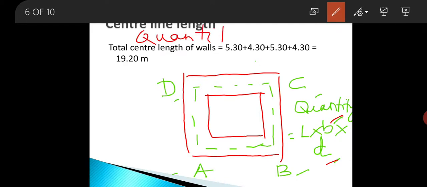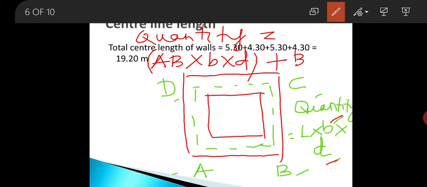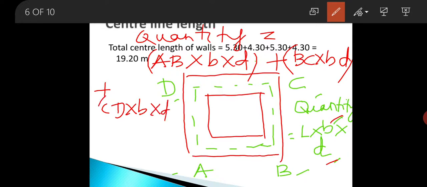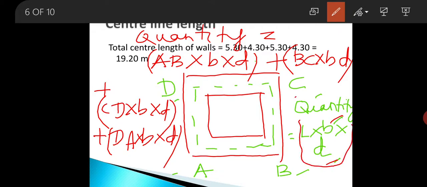This quantity can be written as AB into B into D plus BC into B into D plus CD into B into D plus DA into B into D, isn't it? This total thing can be written in this manner also.